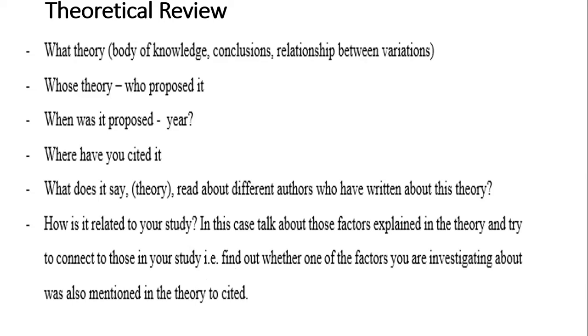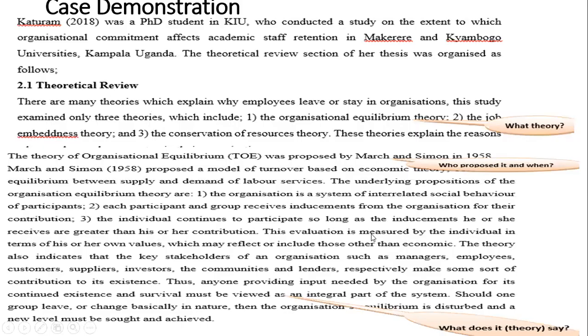Critical review is you point out the strengths of the theory, the major strong points a theory tries to bring out in trying to explain your study problem, and probably what the theory did not explain well or clearly. That is what we call the critical review. If you do that, then you have done a good job.